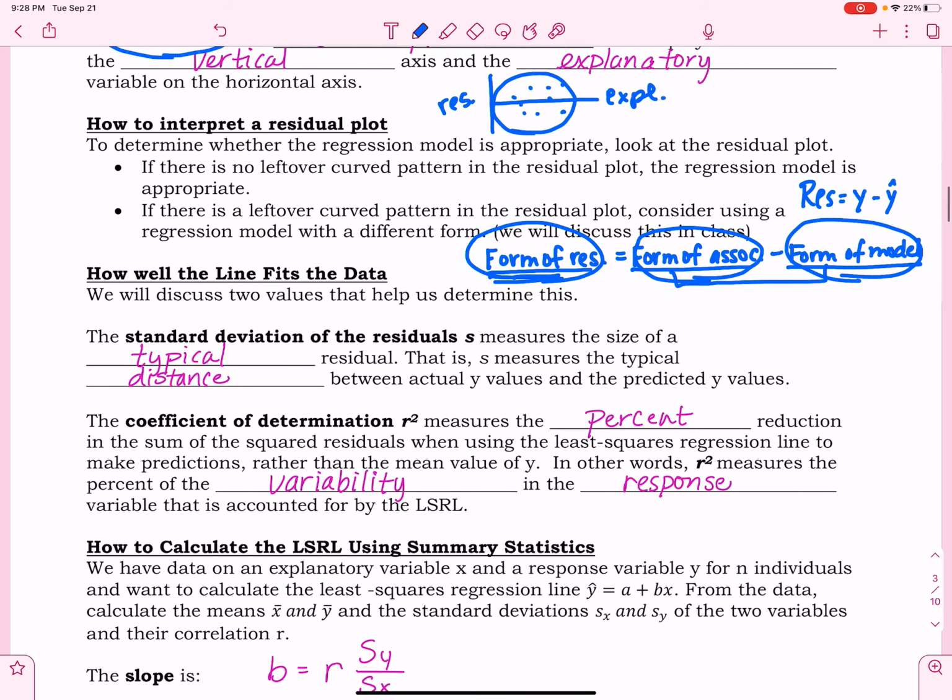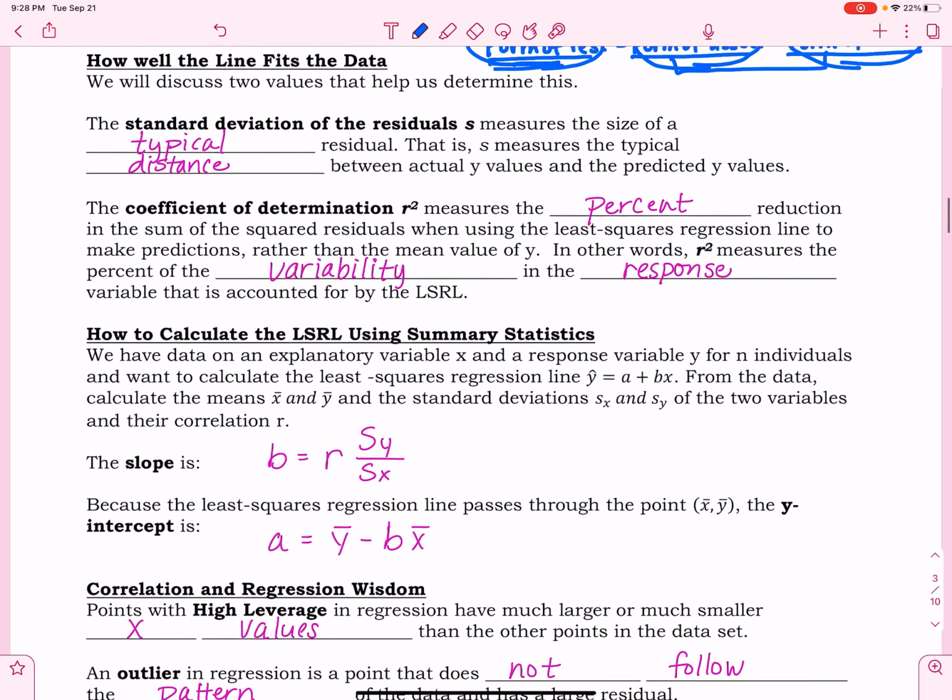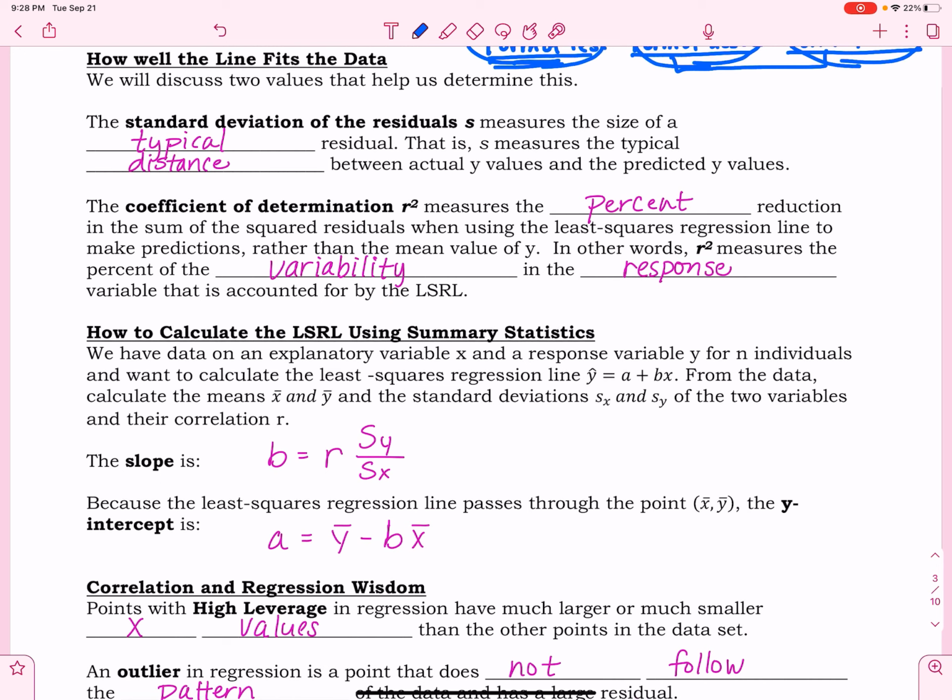Okay, so another value that helps us determine if the linear model is a good fit for the data is the idea of the standard deviation of the residuals. Now, the standard deviation of the residuals is calculated in much the same way it's calculated for the standard deviation of the mean for univariate data.